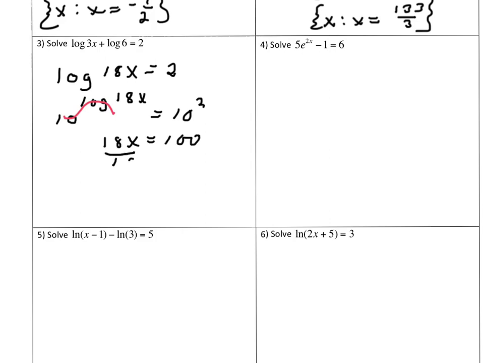We're going to divide both sides by 18, and I will get x is equal to, and now we need to simplify that fraction, to 50 over 9. And there you go. Go ahead and go to number 4, pause me, finish it, and then we'll look at it shortly.